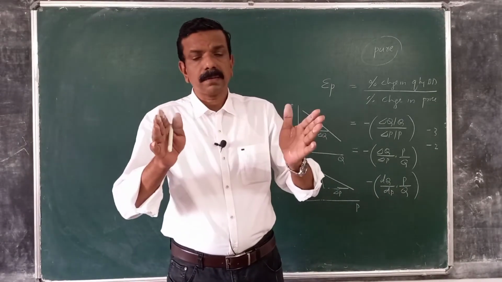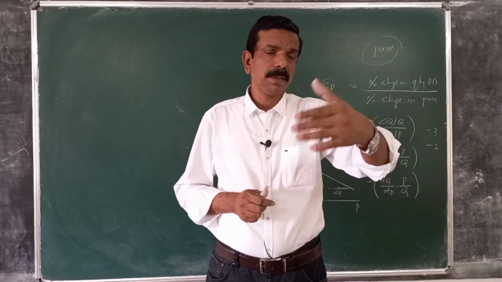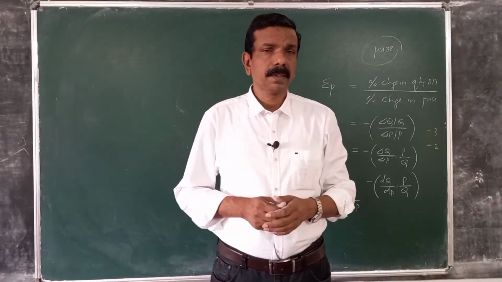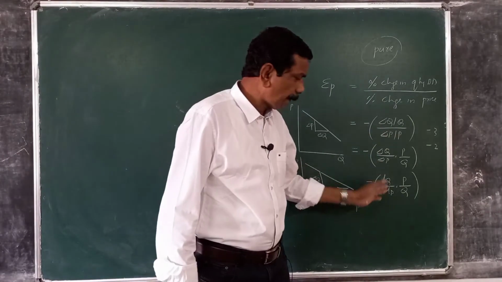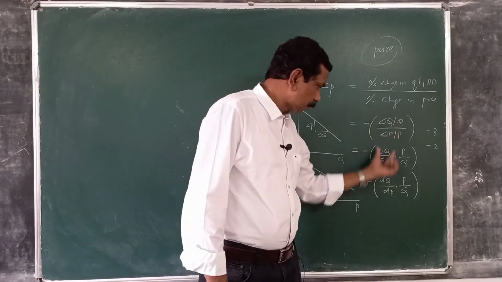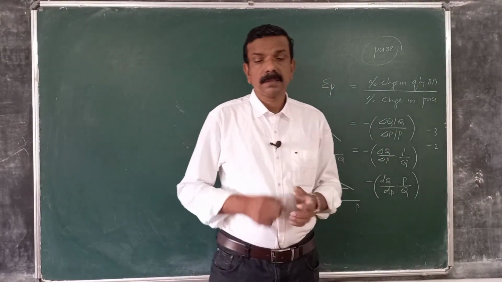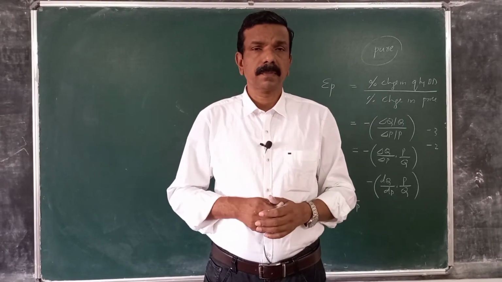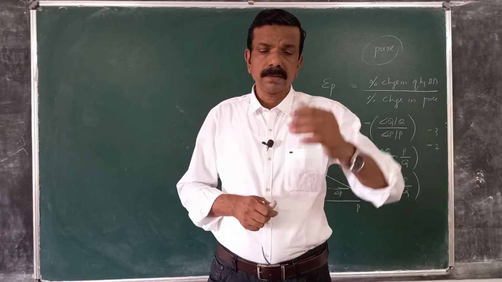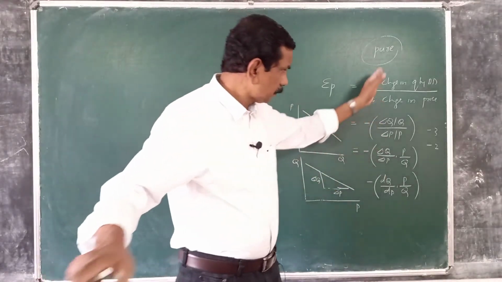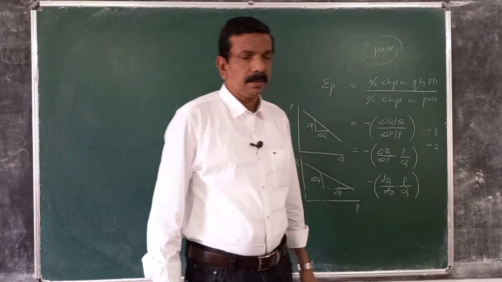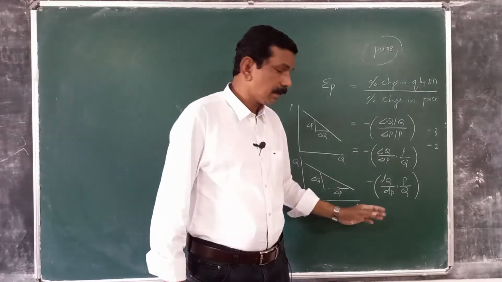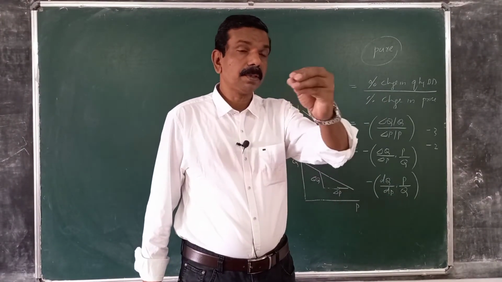If you have no confusion about the meaning of delta and d, this formula is used to measure elasticity at a point on the demand curve. This is one method of measuring elasticity, and this method is known as the point method.